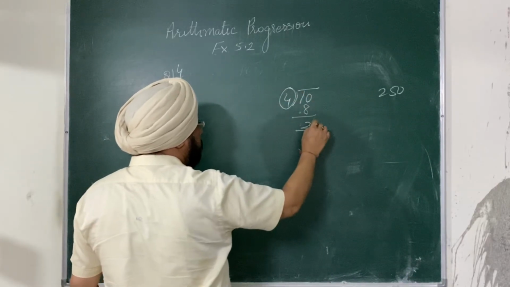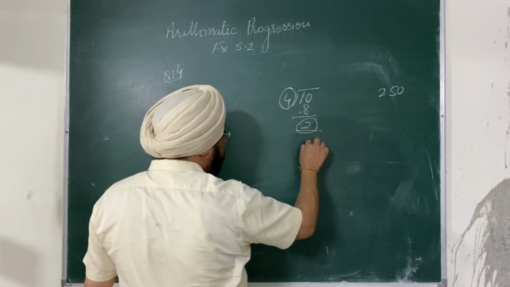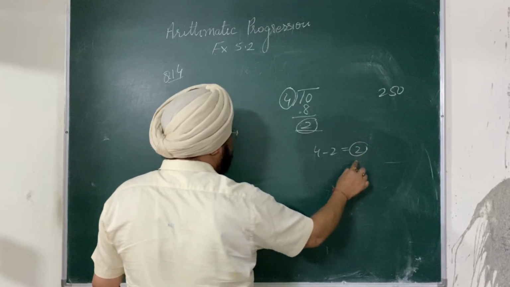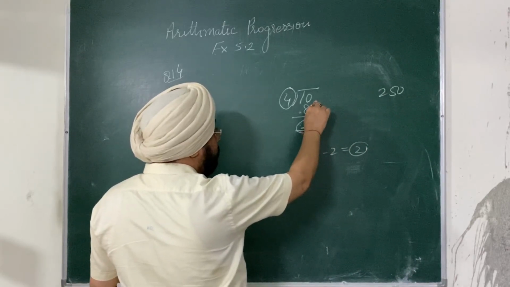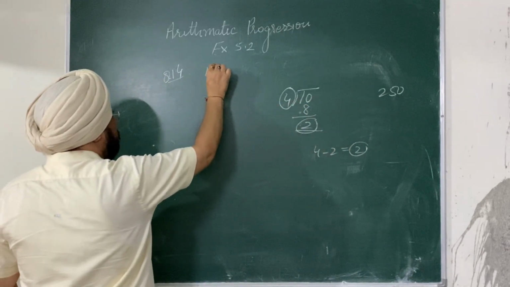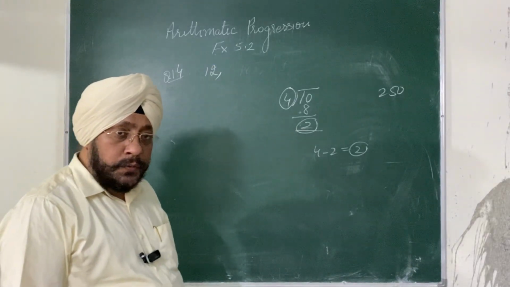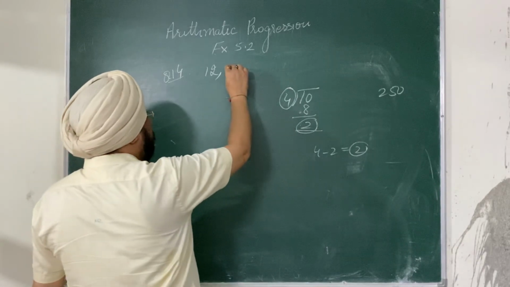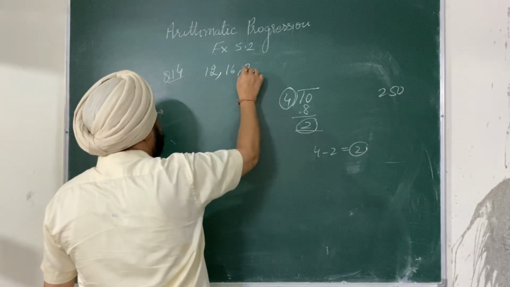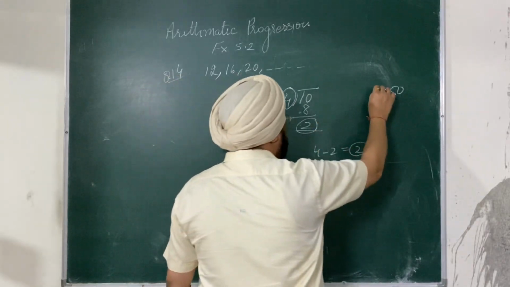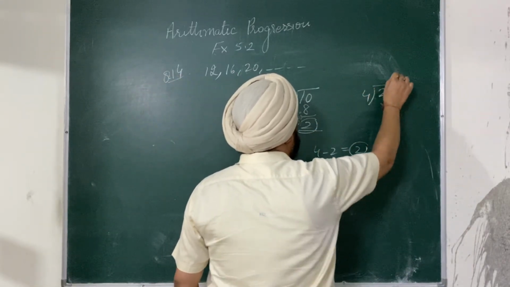So take the difference of divisor and the remainder, which is equal to 2, and add this difference to the first number. So it means the first number which is exactly divisible by 4 is 12. After that we have to add 4 to get the successive terms. And how to get the last term? Again we have to divide by 4.